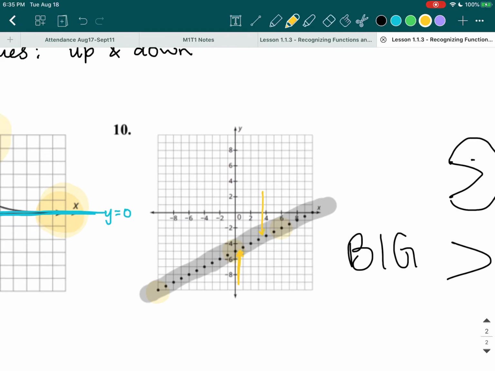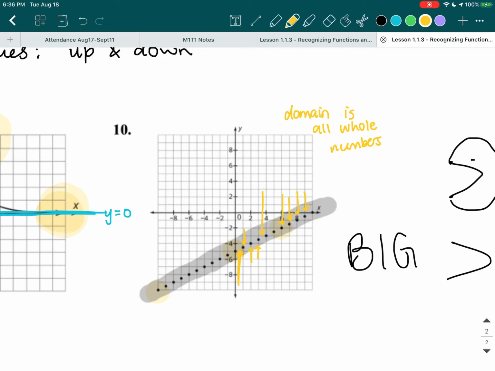That's not possible. But you can have all the whole numbers like 6, 7, 8, 9, right? Those are all whole numbers. There's also 3, 2, 1. All of our dots, which are all of our points, they exist at the whole numbers. So we can say domain is all whole numbers.